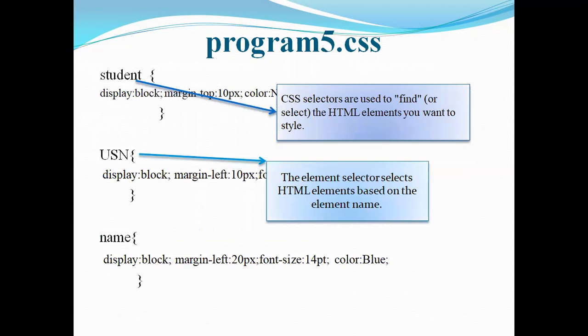In CSS we have different types of selectors like contextual, class selectors, ID selectors, pseudo selectors, and element selectors. Anyway, we are using the element selectors. Element selectors mean whenever we come across these elements in the XML document, these properties will be applied to those elements. The element selector selects the HTML elements based on the element name.